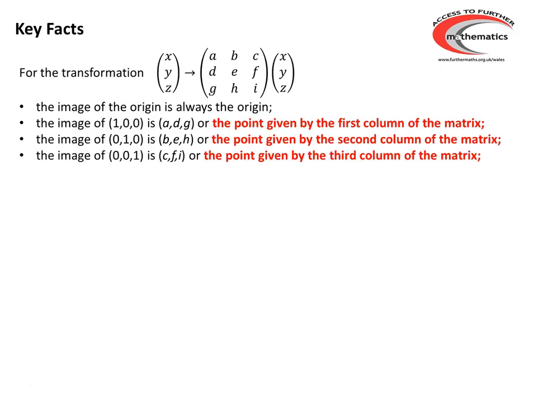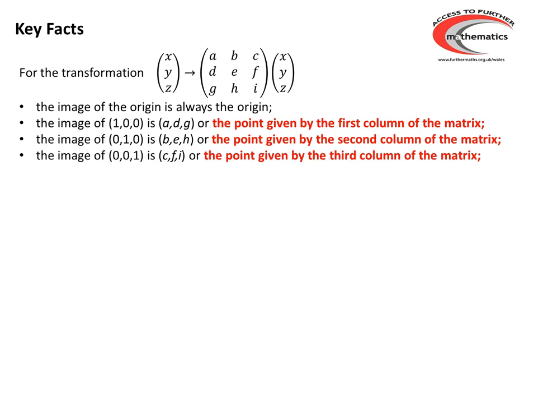In terms of key facts, the first thing is there are 4 results which are very similar to the results for using 2x2 matrices to describe transformations of 2-dimensional space.